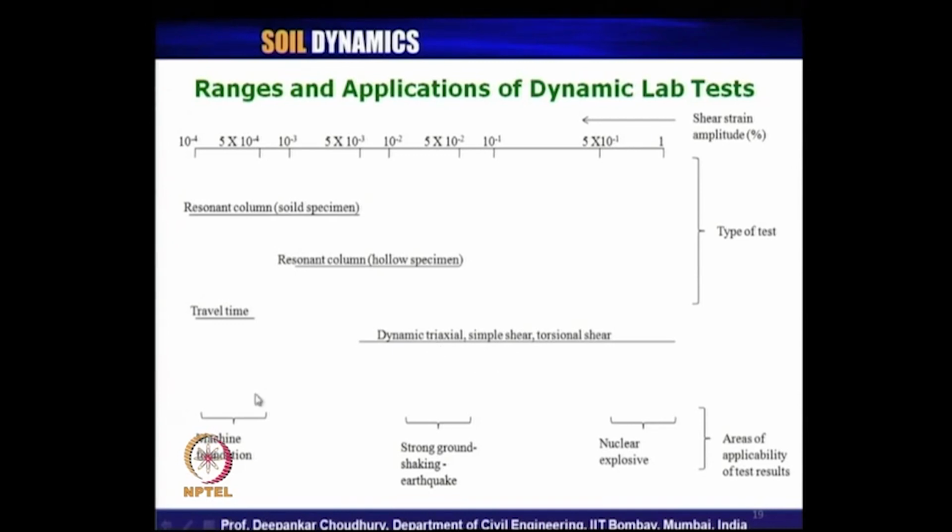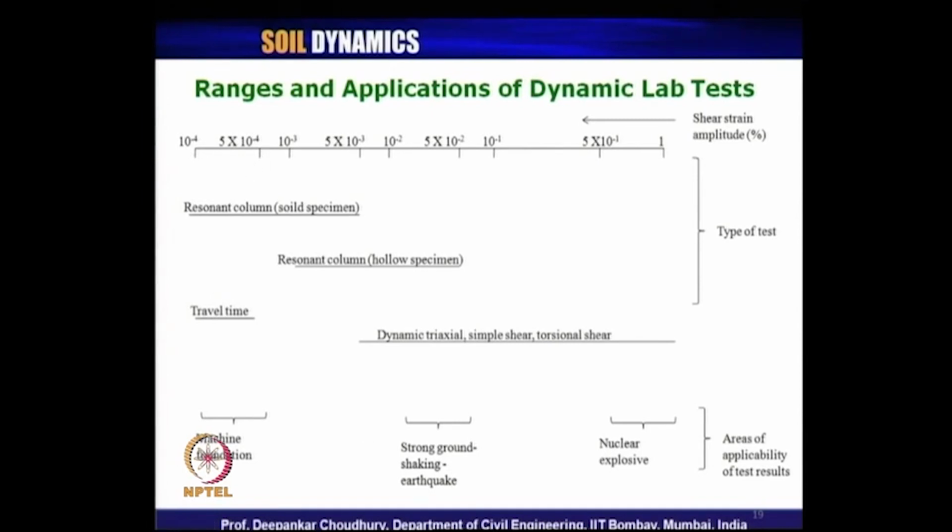Whereas, if you handle problems related to machine design, the machine foundation and the corresponding soil mass are subjected to a very low value of shear strain amplitude compared to the other two cases, in the range of 10^-4 to 5 × 10^-4 % of shear strain typically.